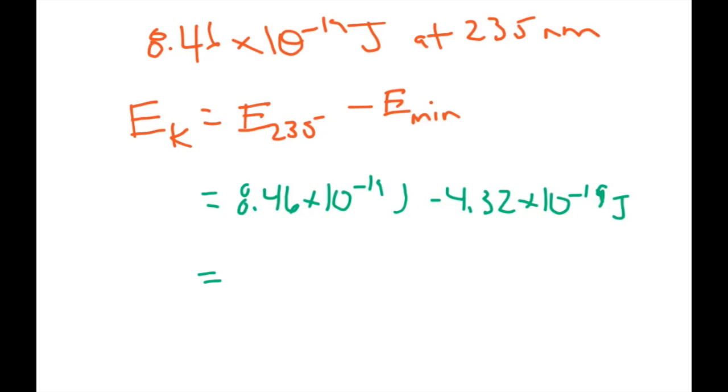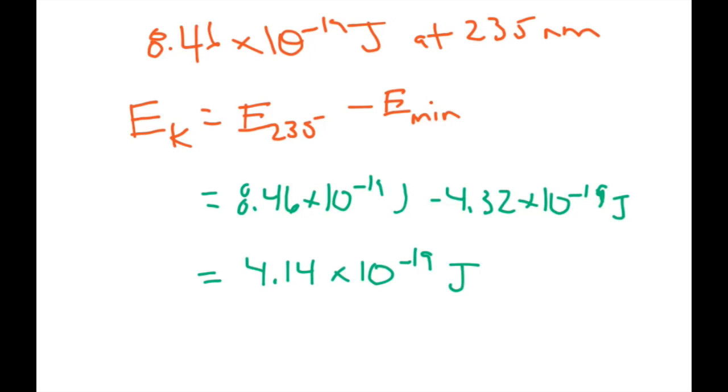Okay, so we just subtract. So using the calculator, we will get 4.14 times 10 to the negative 19th joules.